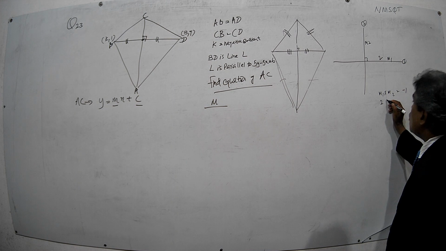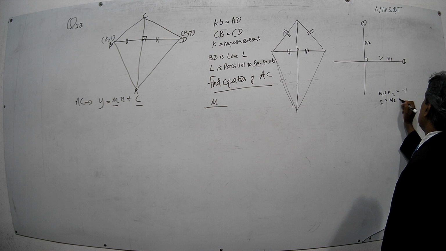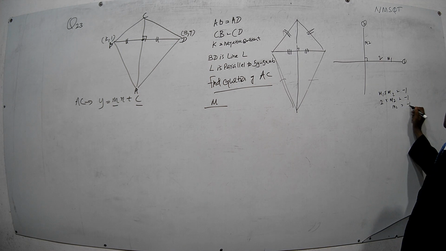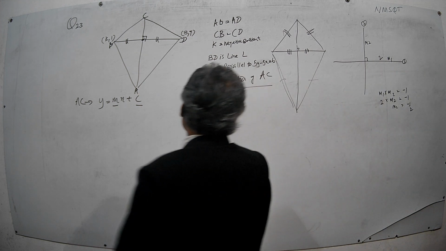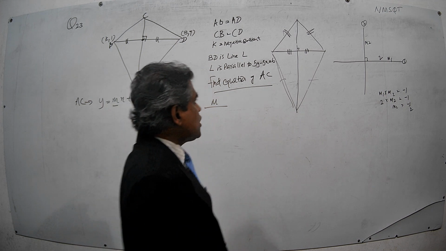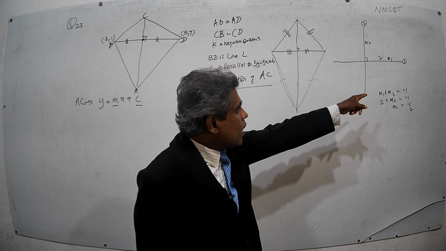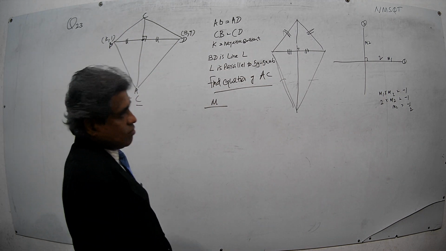You put 2 in the place of m1 and multiply it by m2 equals -1. Then m2 equals how much? Then -1 over 2, as the 2 is taken to the other side. Okay. Then the same principle can be applied here: if you know the gradient of BD, you can use this relationship and get the gradient of AC, right?